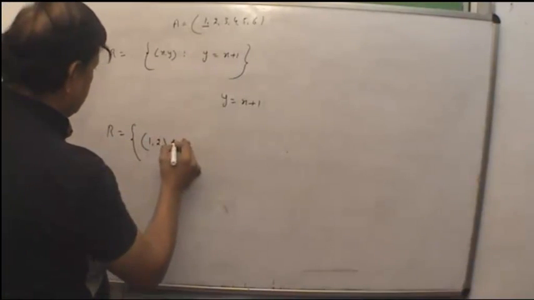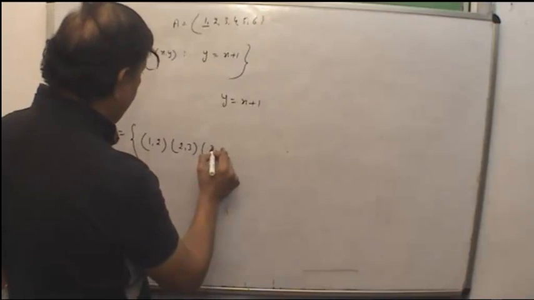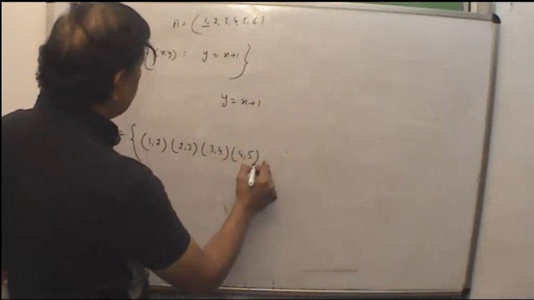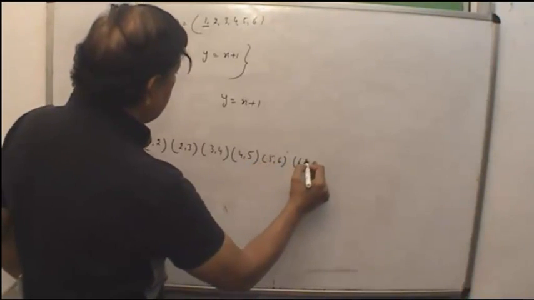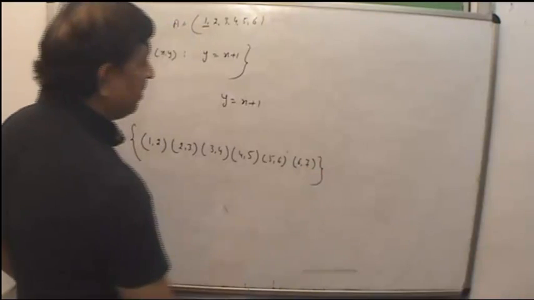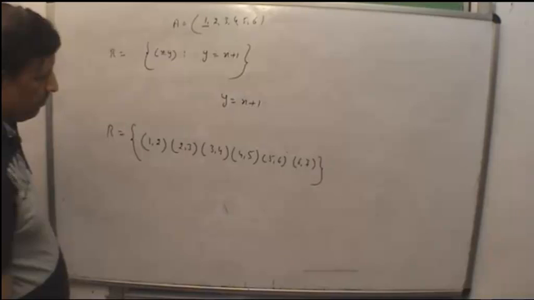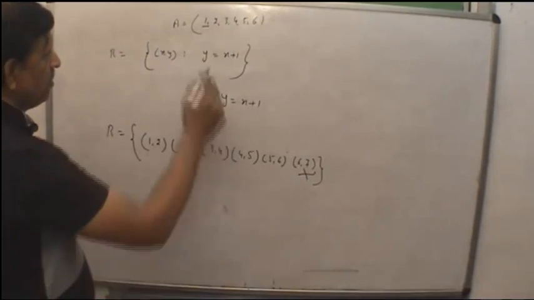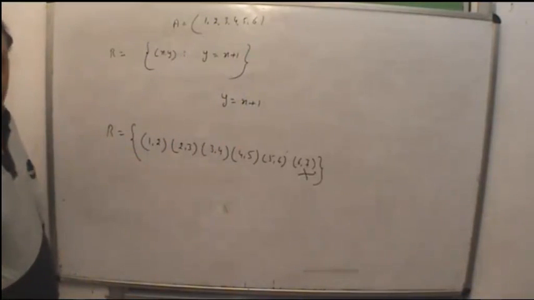If x is 2, y is 3. x is 3, y is 4. x is 4, y is 5. x is 5, it is 6. x is 6, it is 7. It is a relation? No. Here is some problem, and the problem is 7, because 7 does not belong to the set.